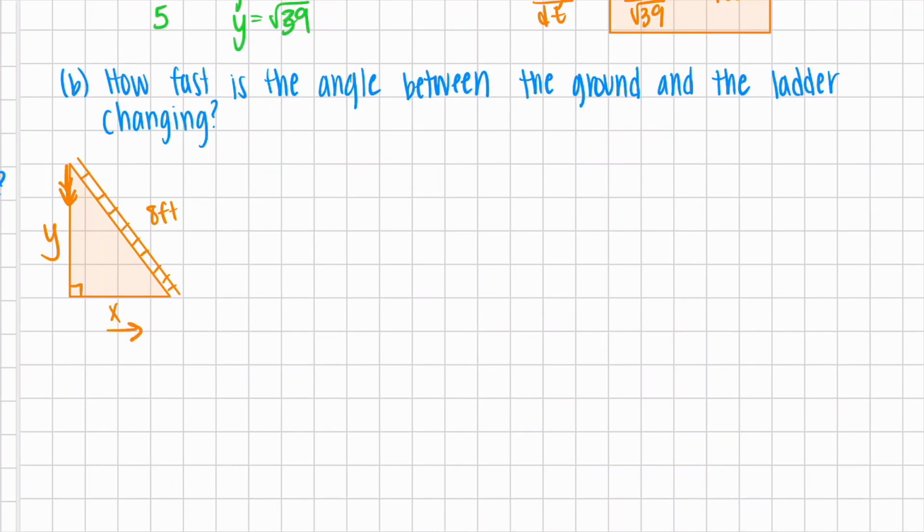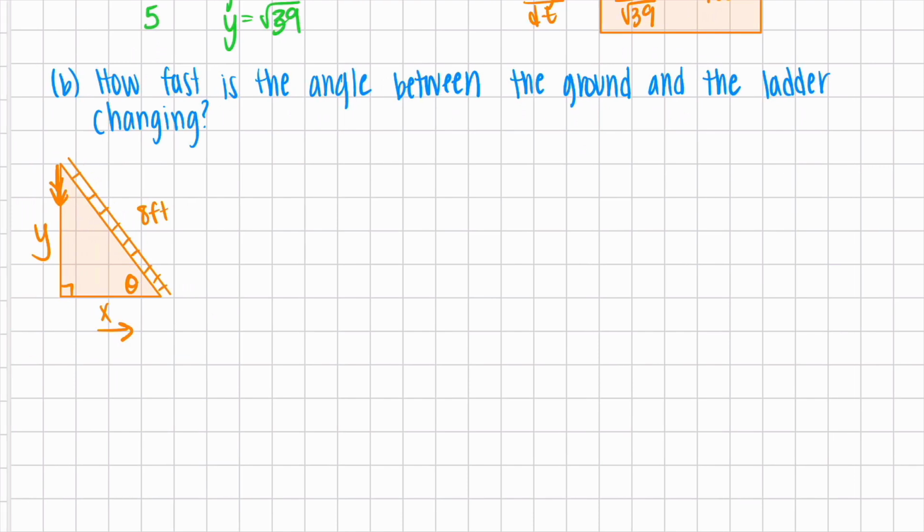Part B says, how fast is the angle between the ground and the ladder changing? So here's the angle between the ground and the ladder. I'm going to make it theta. And how fast is that angle changing? I know that dx/dt equals 3 feet per second, and now I want to know how fast theta is changing, so d theta/dt.